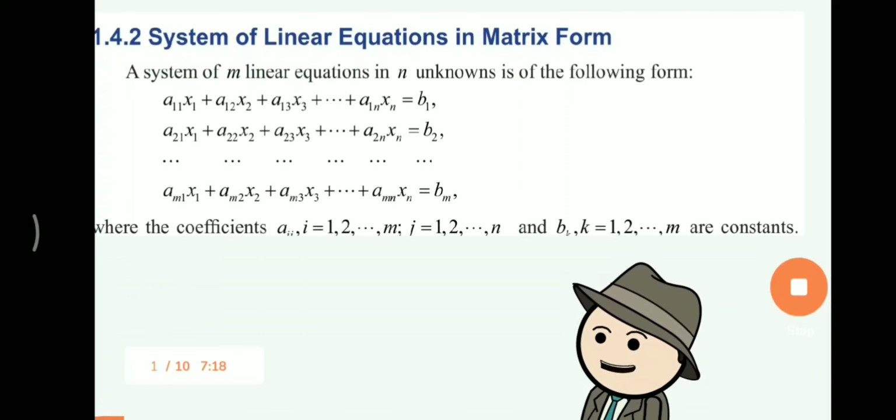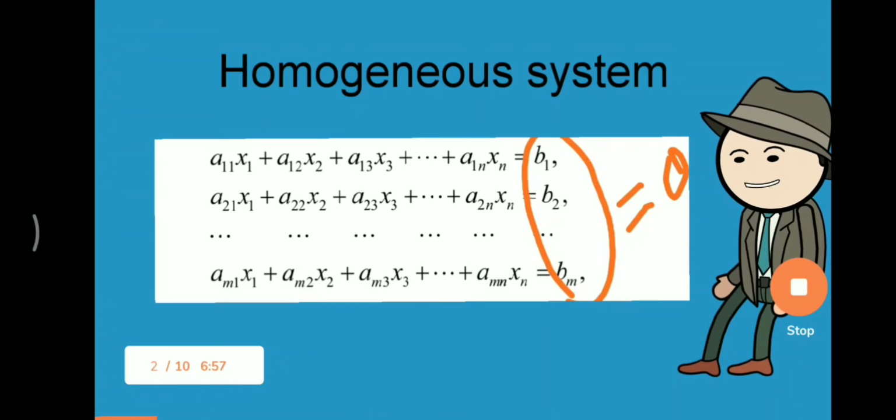Continuing this, we get am1 x1 plus am2 x2 plus etc. plus amn xn is equal to bm, where all the a11 up to amn are the coefficients of the x's and all the bk's are constants. If all the constants bk are equal to 0, then it is a homogeneous system. If not, it is a non-homogeneous system.